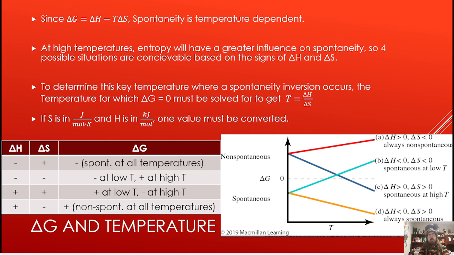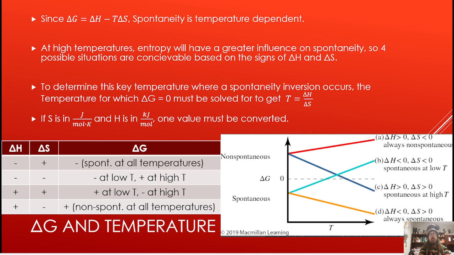Now, you could easily check them by just plugging in a temperature and seeing what the value would be. But to determine the key temperature where the spontaneity inversion occurs, you're essentially finding the point where Gibbs is 0. Gibbs is 0, and you're solving for your T. You get enthalpy over entropy, keeping in mind kilojoules and joules.